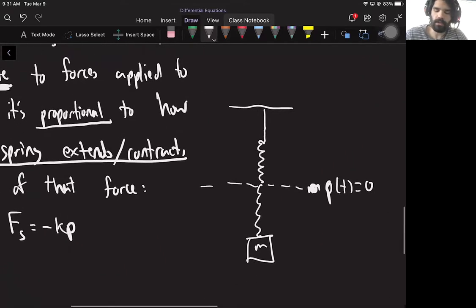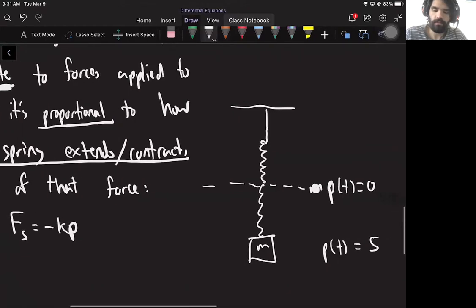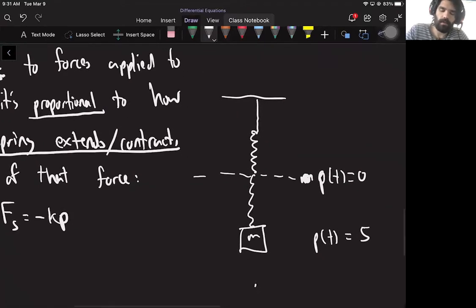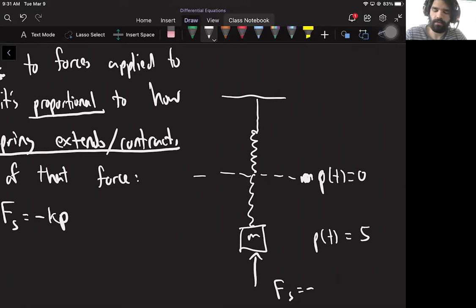So if the position is down here, it's going to be a positive, something like 5, some positive number. Then the restoring force is going to push up. So it's going to be opposite of whatever's causing it to go down.